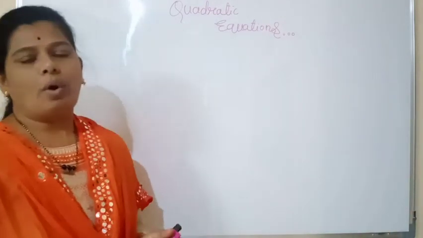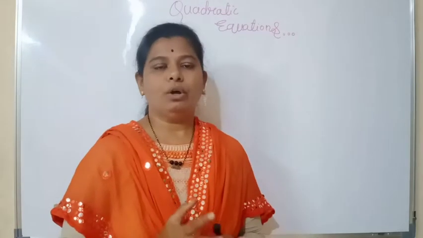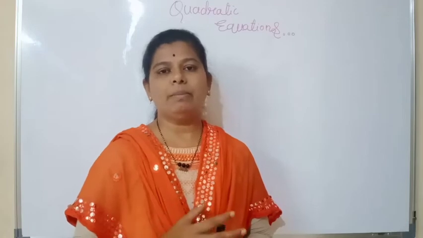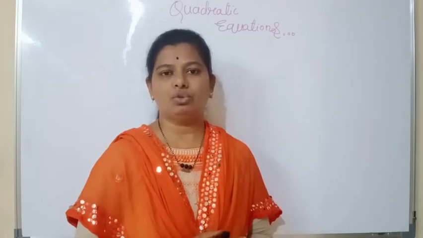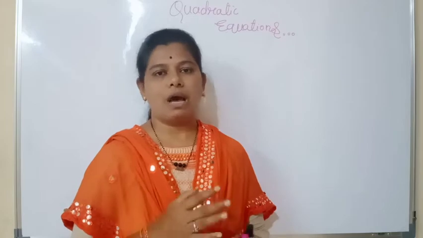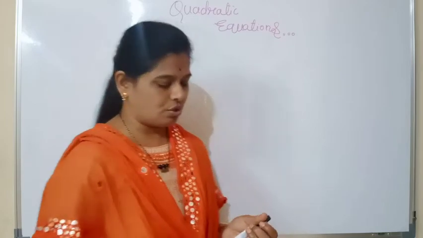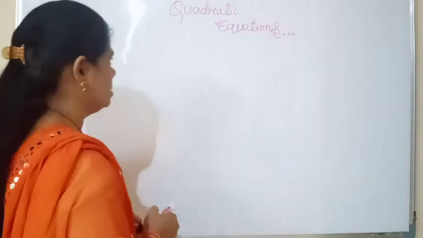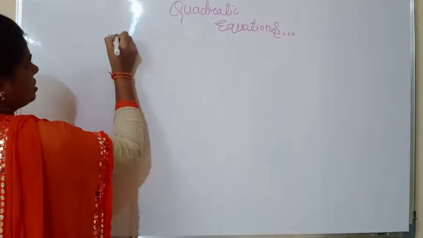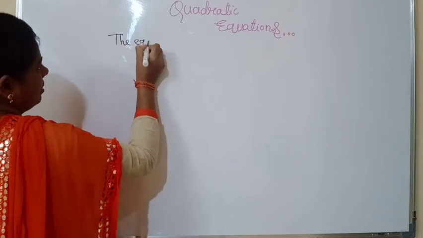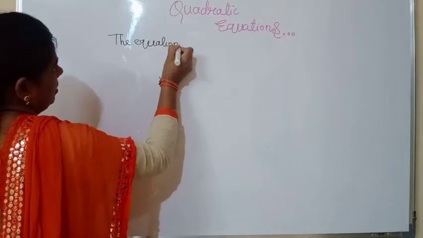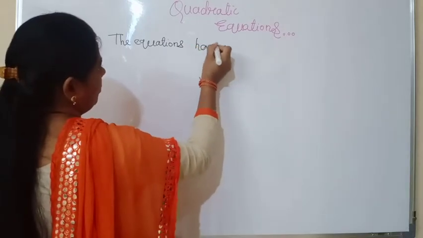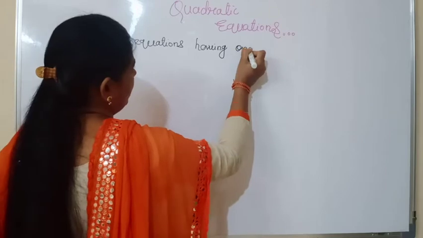Quadratic equations are nothing but those equations having one variable and whose maximum index or maximum degree is 2. Such kind of equations are called quadratic equations. A very important point related to quadratic equations is that they have one variable.